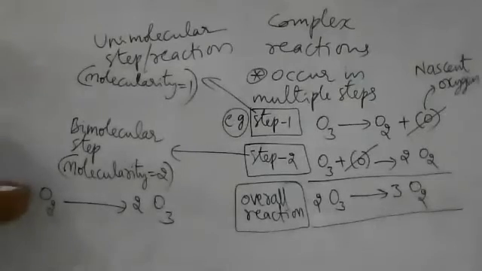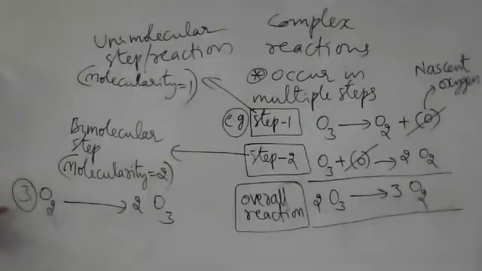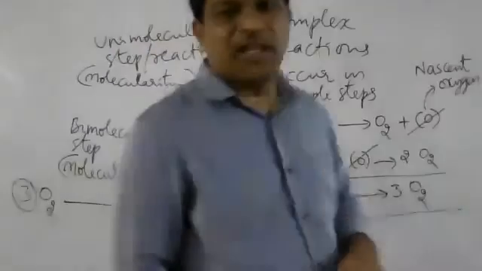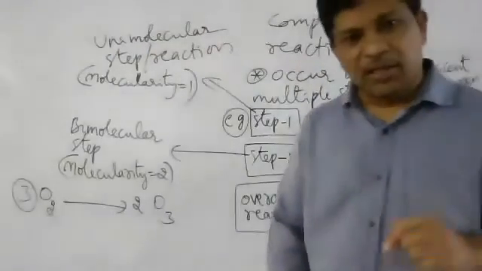Now in this case, how many reactant species are interacting with each other here? 3 molecules. So what is the molecularity here? 3. Molecularity 3 indicates what? It is termolecular. Ter means 3.